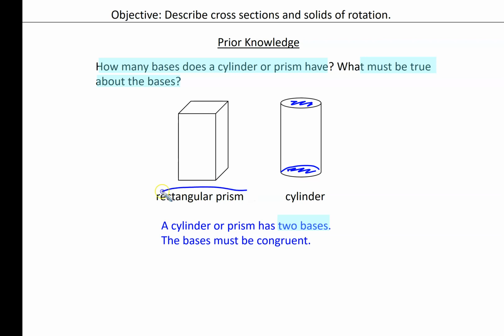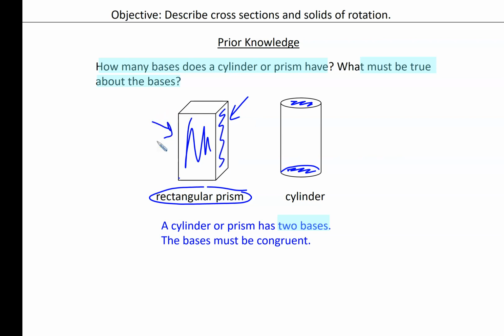With a rectangular prism, because all of the sides are rectangular, you get to choose the two opposite rectangles that would be your bases. So you can choose the top and the bottom, or you could choose to use the front and the back as your bases, or you could use your right side and your left side as your bases.